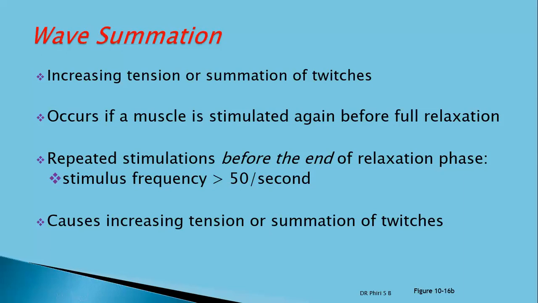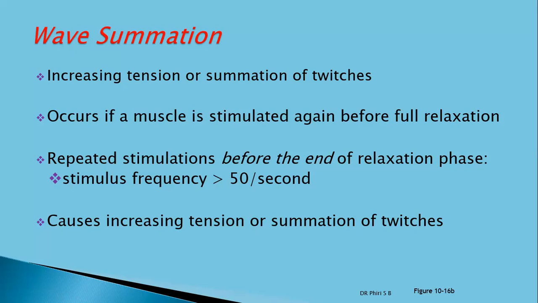Okay. Wave summation is whereby the stimulation is very fast. The frequency of stimulating the muscle fiber is very fast. You are not allowing the muscle twitch to go to a resting state. So before it goes back to the resting state, you stimulate it, then it will contract again. So increasing tension or summation of twitches occurs if a muscle is stimulated again before full relaxation.